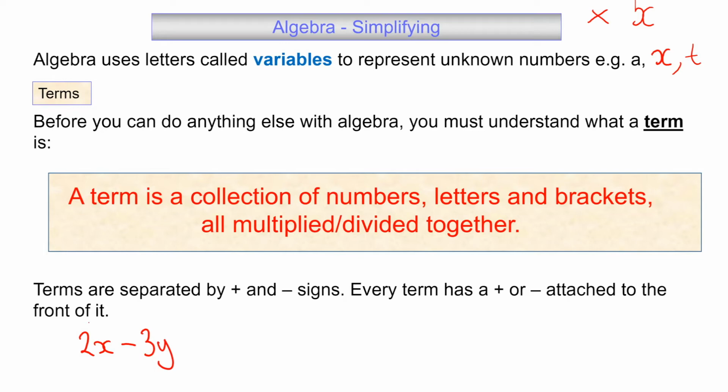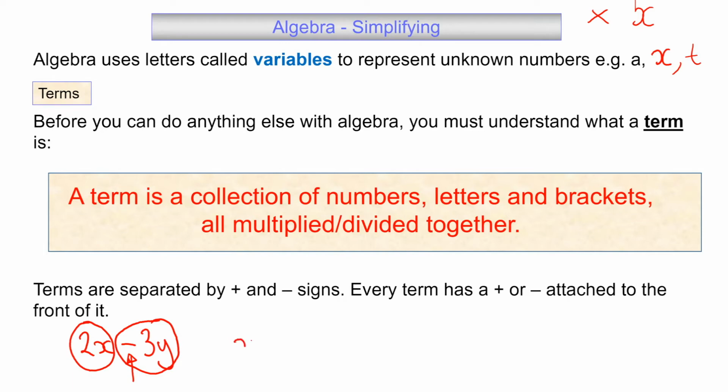So 2x is a term, and minus 3y is a term. It's important to know that the sign is glued to the front of the number, so that's minus 3, and this one here is a positive. Each term has either a positive or a minus attached to the front of it, so that's important to remember.